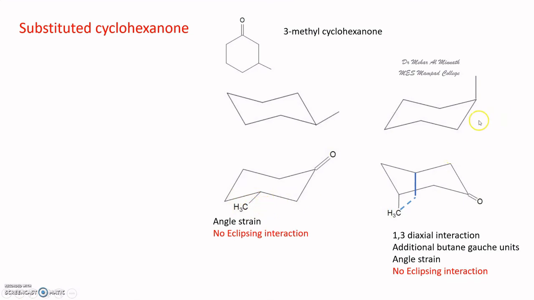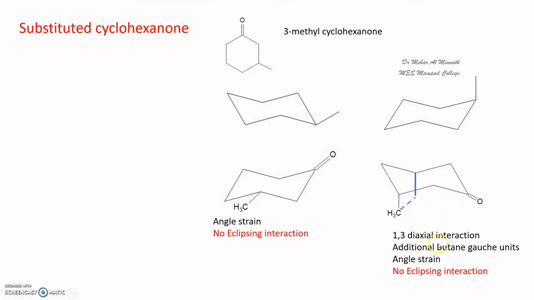And the axial form of methyl cyclohexane will be more stable when compared to the axial form of 3-methyl cyclohexanone because of the angle strain and also the additional butane gauche unit. But this molecule will experience only one 1,3-diaxial interaction, while the axial form of methyl cyclohexane will experience two 1,3-diaxial interactions.